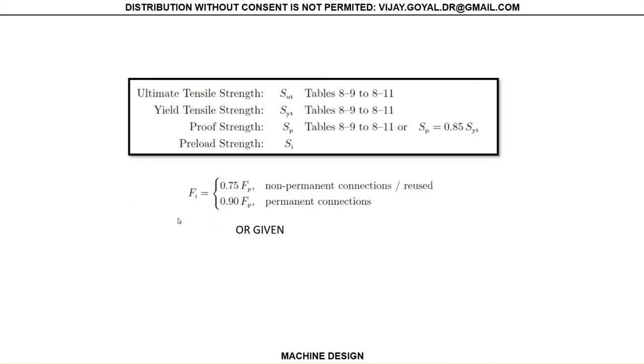If you want to find the recommended preload in a high tensile application, then this could be the recommendation. However, sometimes this is already given in the problem by the designer. This is how much preload we apply, and that should be good enough.